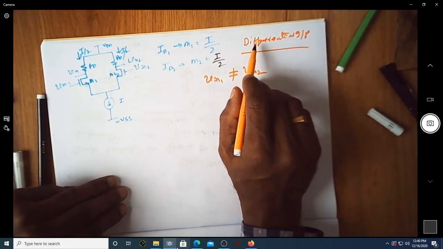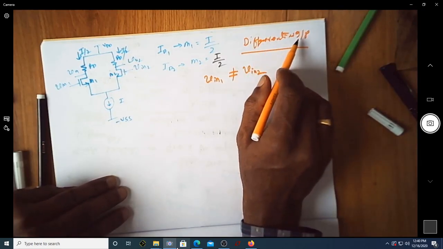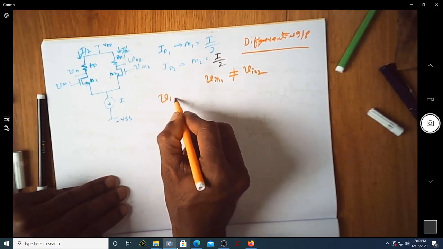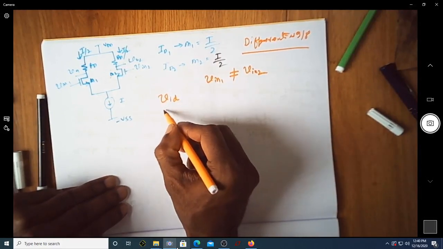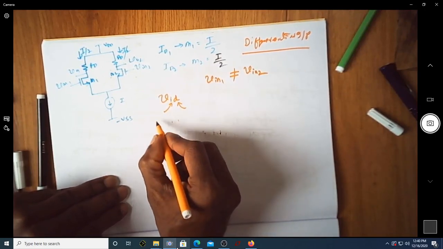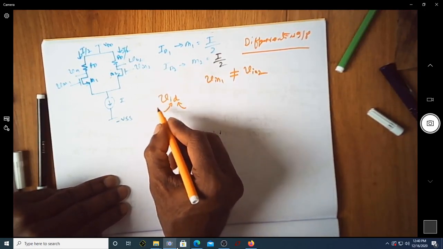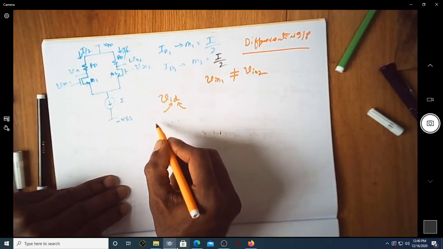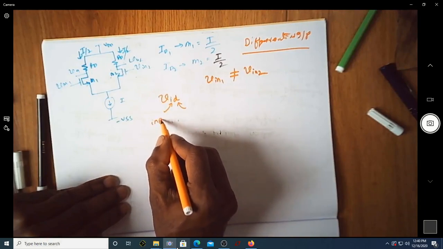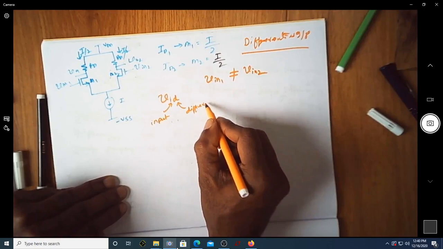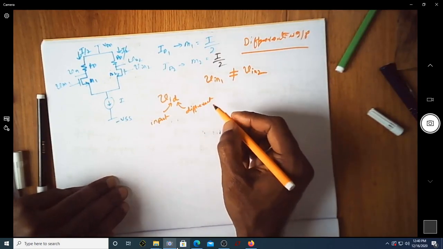Now, let us name the differential input voltage VID, where I stands for input and D stands for differential, or different, input.